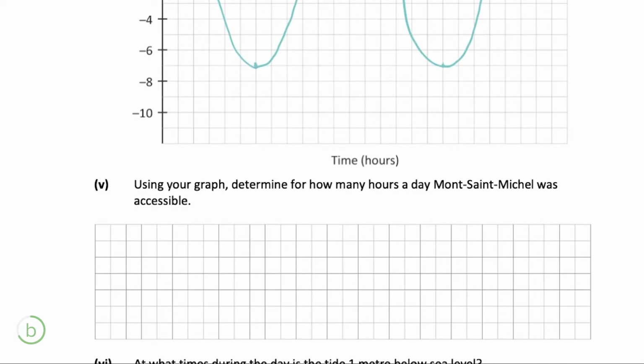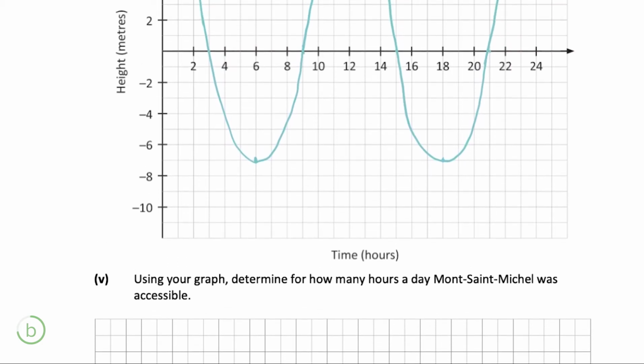Okay, then part 5 says, using your graph, determine for how many hours a day Mont Saint-Michel was accessible. So we were told in the question that Mont Saint-Michel was accessible when the tide was below mean level. So that means it would be here and here.